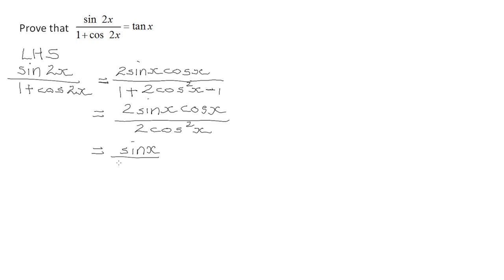There's a cos 1 and a cos 2 at the bottom, which means cos will remain at the bottom. And this is exactly equal, according to formula number 5, to tan x. Therefore, left-hand side is equal to right-hand side.